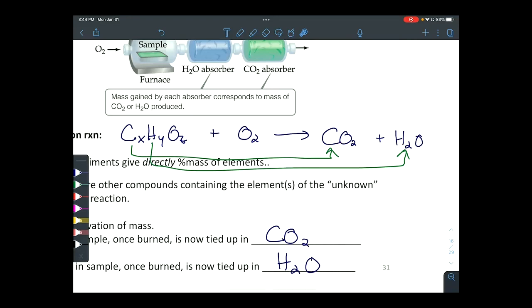But the moles of oxygen in the sample are not tied to the oxygens in these two substances. The reasoning is that we are reacting it with other oxygens. So when we take inventory of the oxygen on the product side, we don't know if it came from the actual sample or if it came from the surrounding air. Does that make sense? Okay, all right.